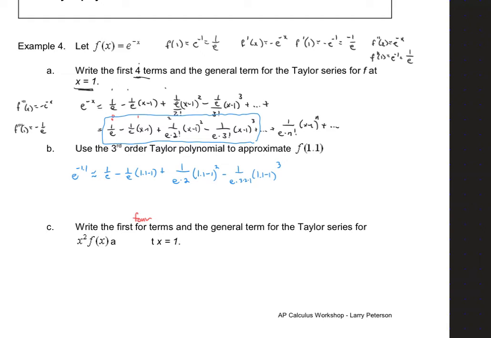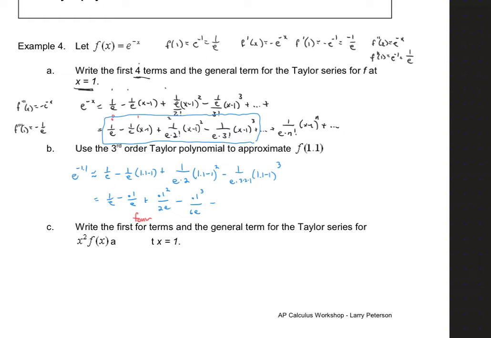the third. So that's going to be 1 over e minus 0.1 times 1 over e, or 0.1 over e, plus 0.1 squared over 2e minus 0.1 cubed over 6e.